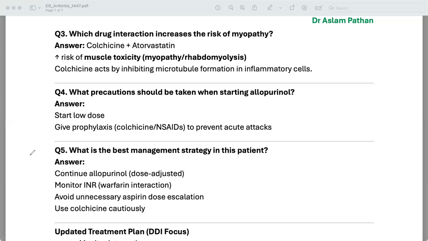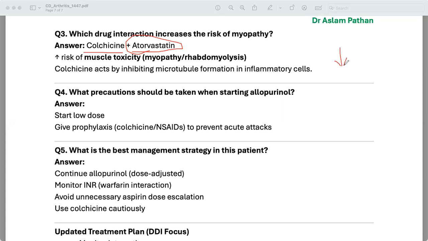Question number 3. Which drug interaction increases the risk of myopathy? Atorvastatin. The statin derivatives are used to lower high cholesterol and triglycerides, and reduce the risk of heart attack and stroke in the IHD patient. And colchicine reduces inflammation and is a most recommended drug in the management of gout.